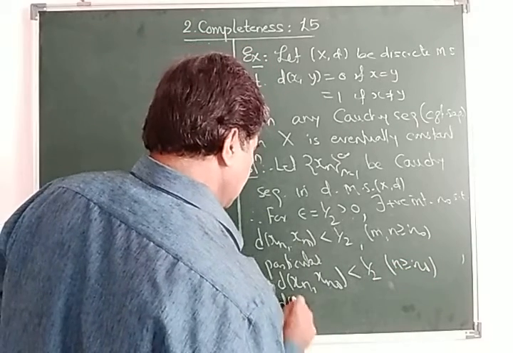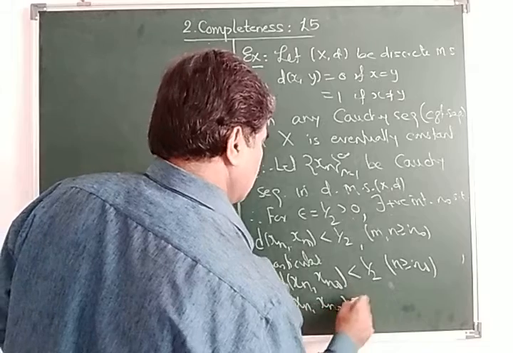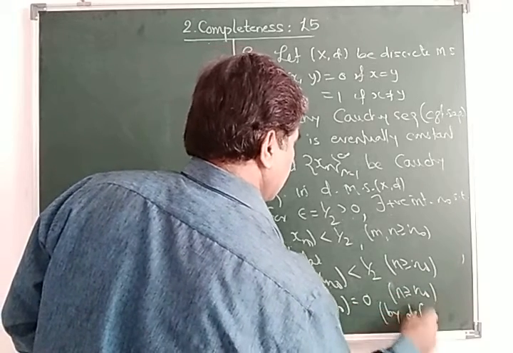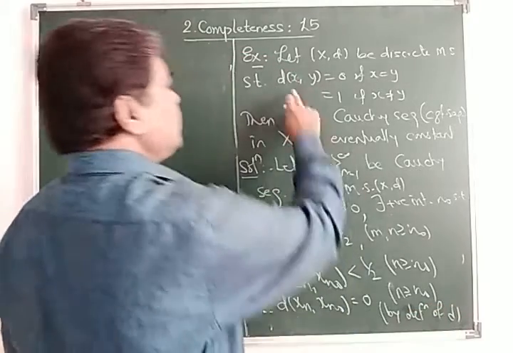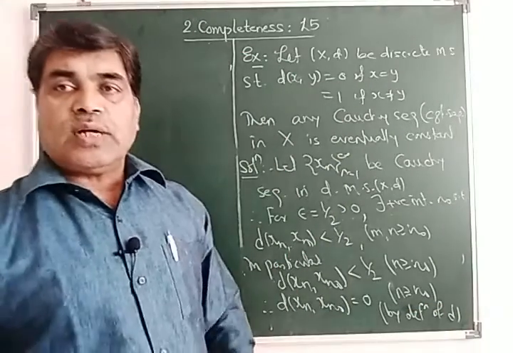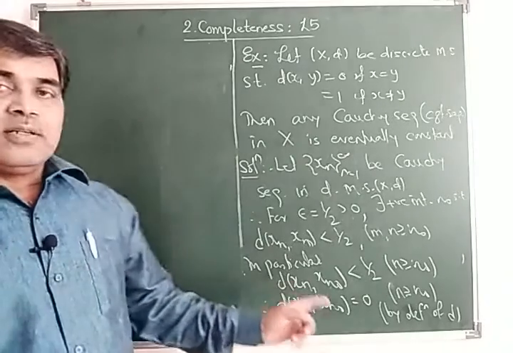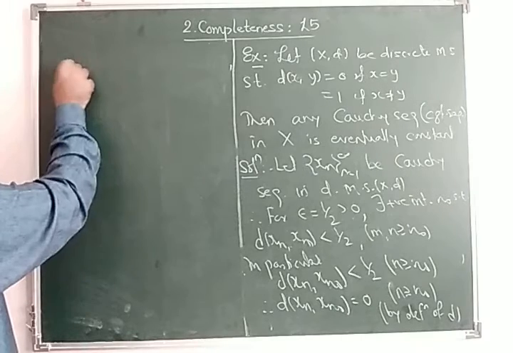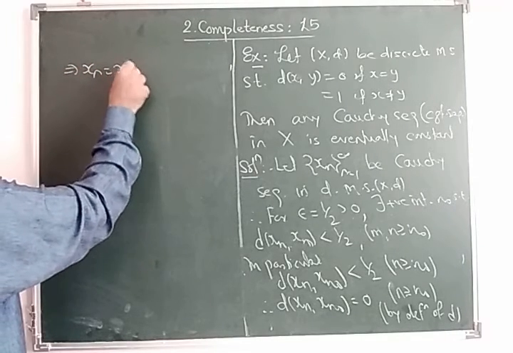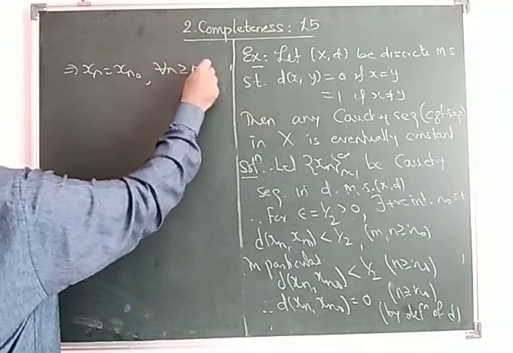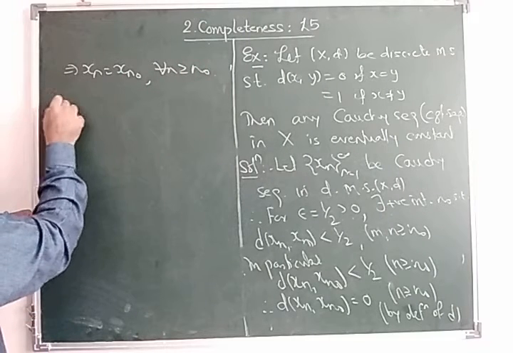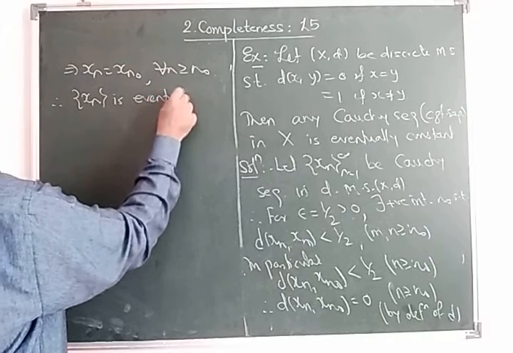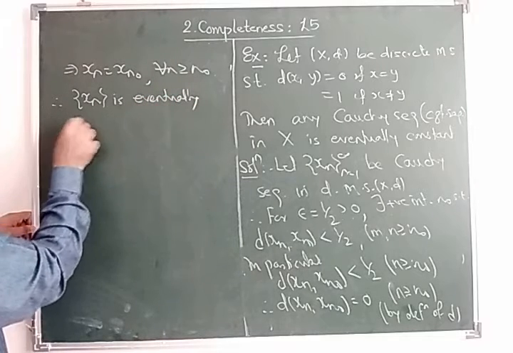And therefore, d of (xn, xn naught) must be 0 for any n greater or equal to n naught. By definition of d, the distance between two points is 0 or 1. So as it is less than half, the distance between xn and xn naught must be 0. This implies xn is equal to xn naught for every n greater or equal to n naught, and therefore xn is an eventually constant sequence.